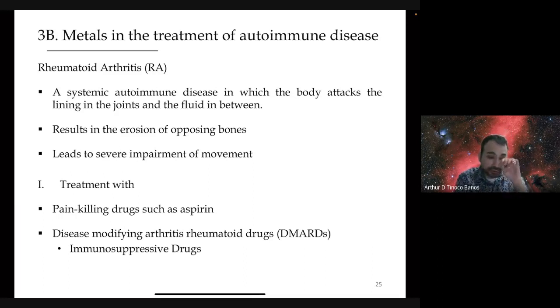And so traditionally, I would say even today, treatment is with pain-killing drugs such as aspirin. Also, disease-modifying arthritis rheumatoid drugs, abbreviated as DMARDs. These are immunosuppressive drugs. One of the really important ones is Humira, that is used commonly today.